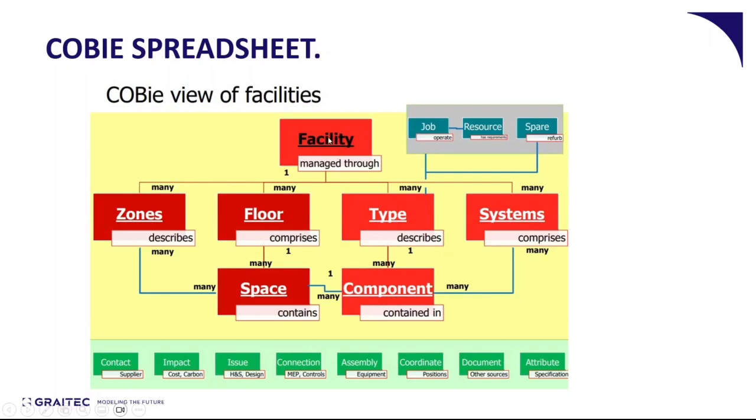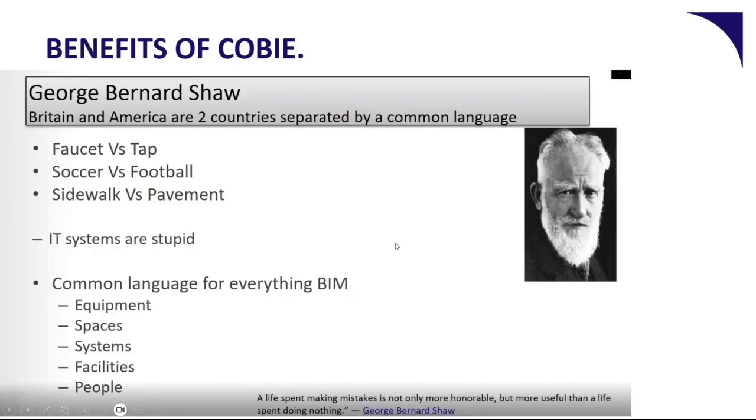Likewise, the facility would be managed through many floors that comprise many spaces, which again contain many components. And likewise, the type-based information would contain many components, and a system would be comprised of many components. So there's a requirement to present this information in a standardized format.